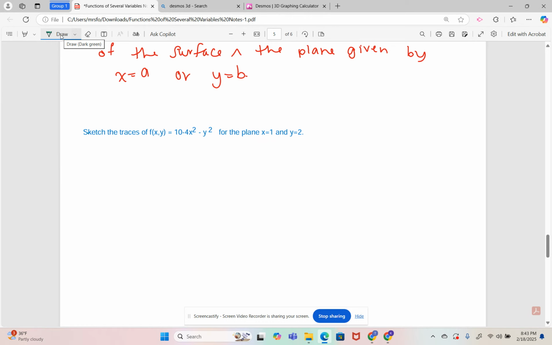Okay. We'll start with x equals 1. We can get an equation for the trace by plugging x equals 1 into the equation. So we have z equals f of 1 comma y. So that would become 10 minus 4 times 1 squared minus y squared. So now that really is just z equals 10 minus 4, which is 6, minus y squared.